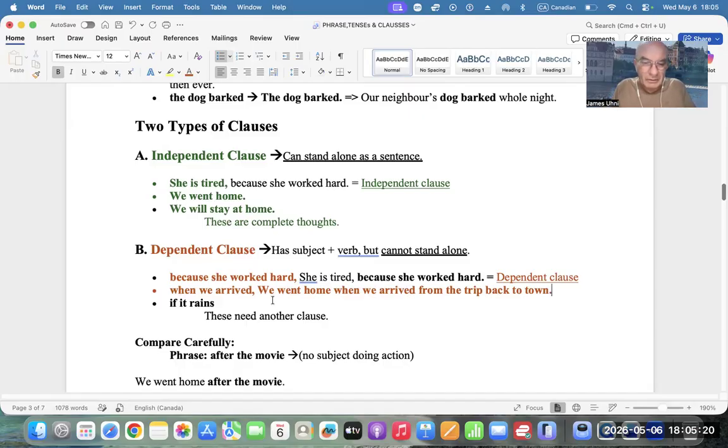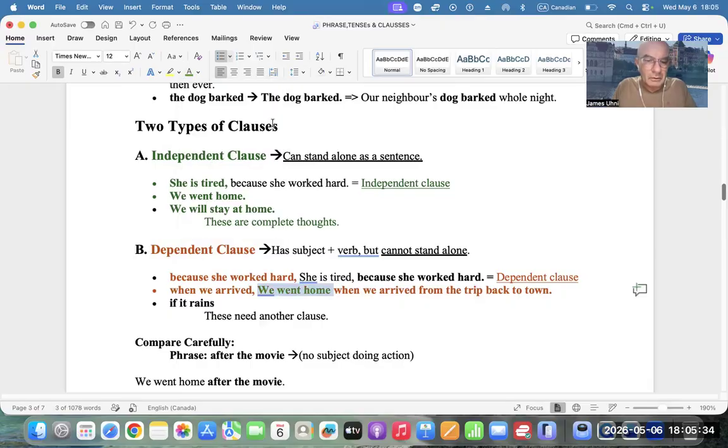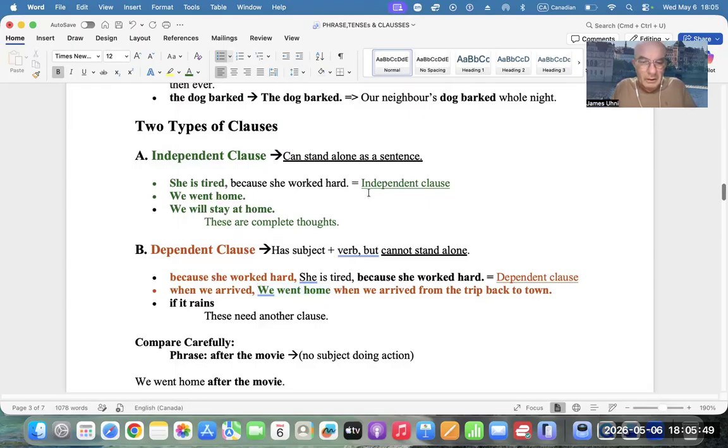Let's make it different. We went home is an independent clause. So this will be green. We went home. I think it's this one. What green is it? Yes.